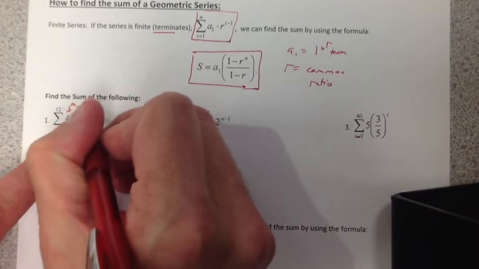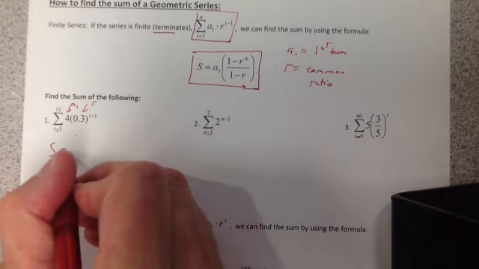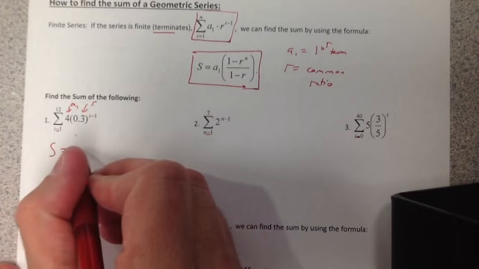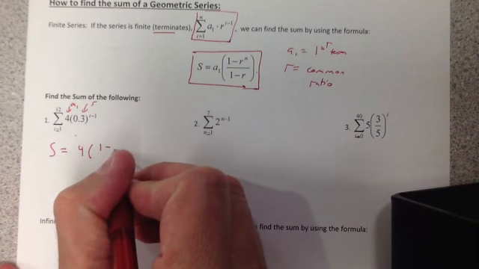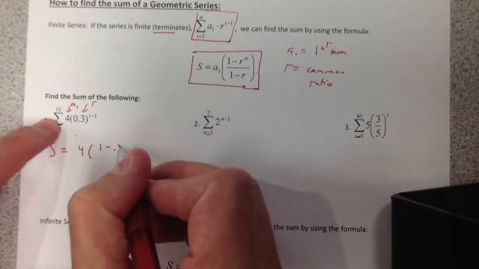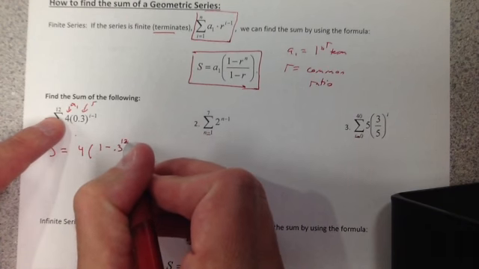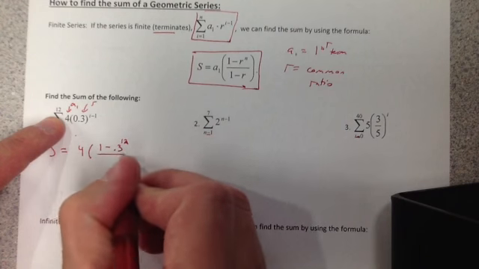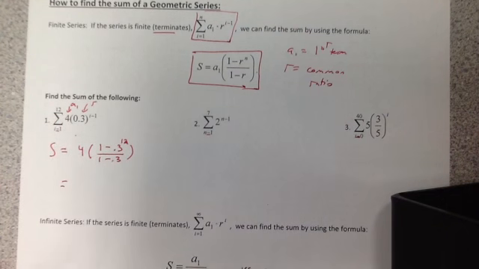There's a sub 1, and it already gives me r. So all we have to do is plug into the formula. S equals the first term, 4, times 1 minus 0.3 to the n, which is 12 in this case, over 1 minus 0.3. And we're going to use our calculator for this.